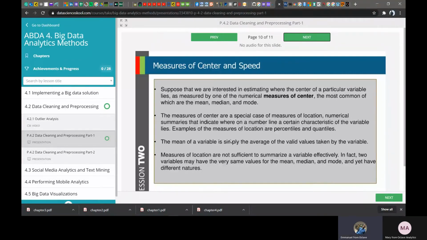The mean of the variable is simply the average of valid values taken by the variable. But measures of location are not sufficient to summarize a variable effectively. In fact, two variables may have the same values of mean, median, and mode, yet have different natures. It's very possible.